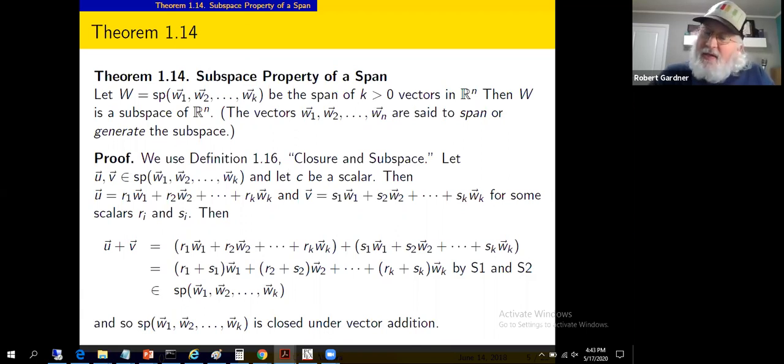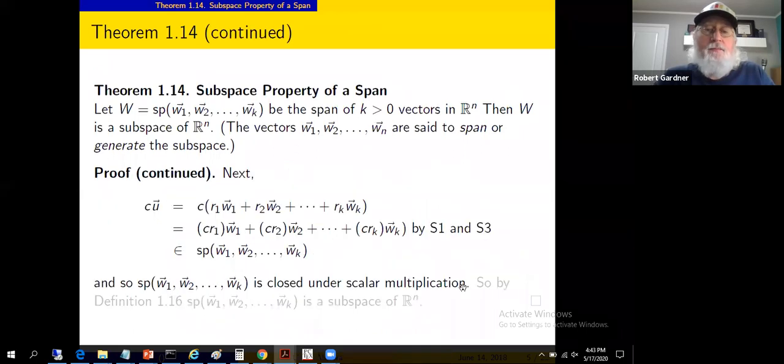Next is closure under scalar multiplication. What you're going to do is take one of these vectors, multiply it by a scalar, and see if the result is a linear combination of W1 through W sub k. Okay, let's take C times vector U. We knew what vector U looked like.